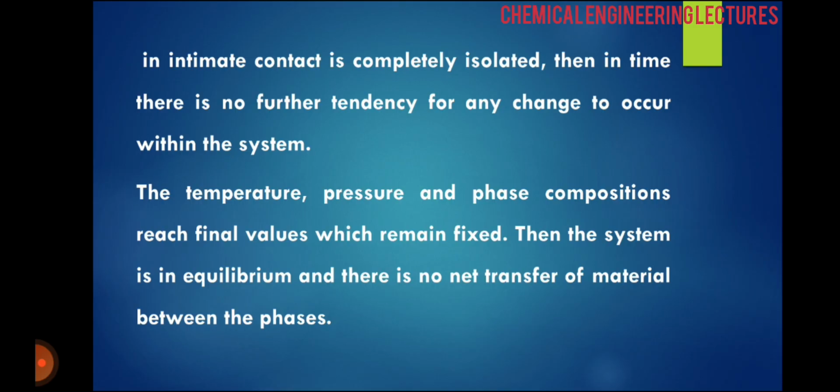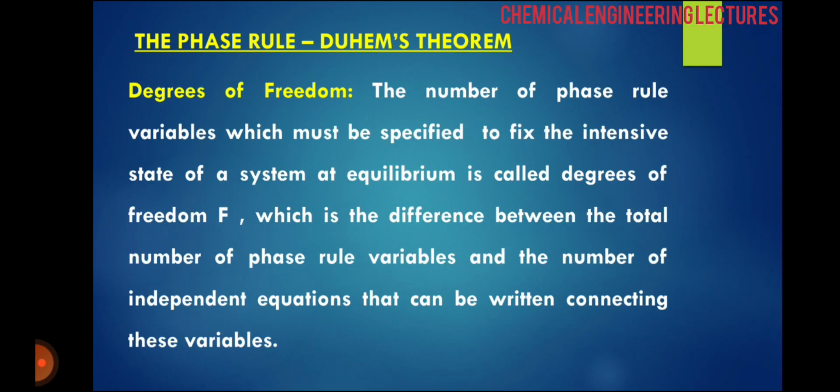In this case, the temperature, pressure and phase compositions reach final values which remain fixed. Then the system is in equilibrium and there is no net transfer of material between the phases. So in this we study the phase rule and also Duhem's theorem.